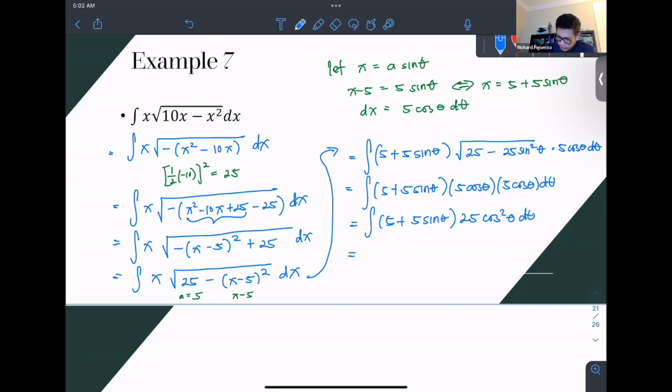And finally, 5 times 25, so we'll have 125 cosine squared theta plus 125 cosine squared theta sine theta d theta. So 5 times 25 is 125. I have cosine squared, and the other one cosine and sine.